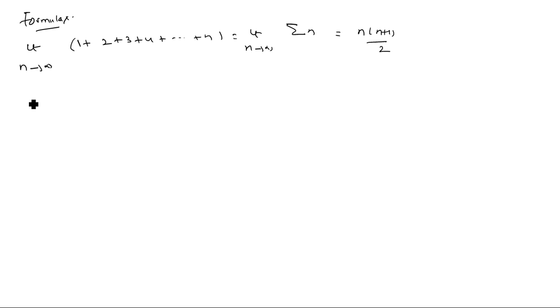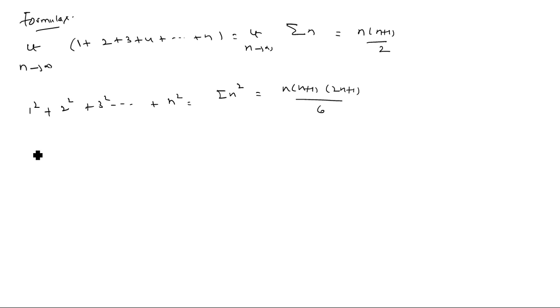Next, sum of squares, 1 square plus 2 square plus 3 square plus 4 square and so on, n square. This is nothing but summation of n square. What is the formula? n into n plus 1 into 2n plus 1 by 6.